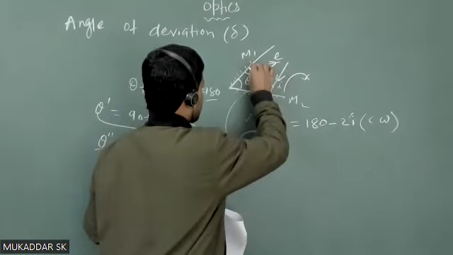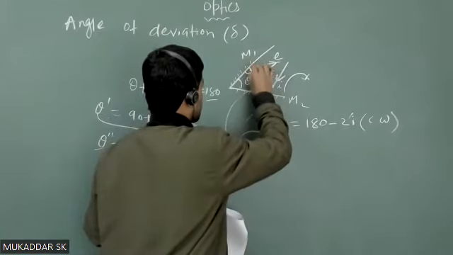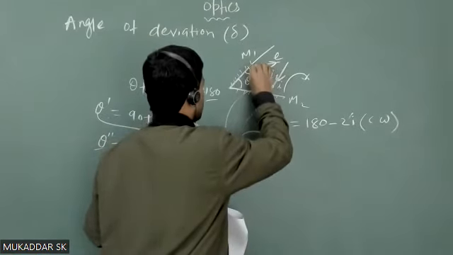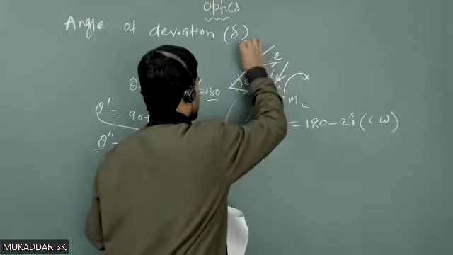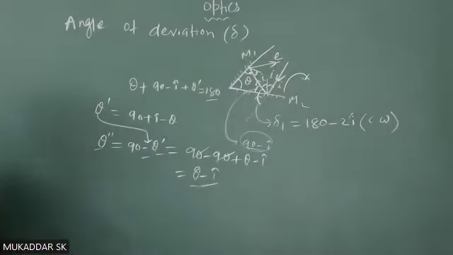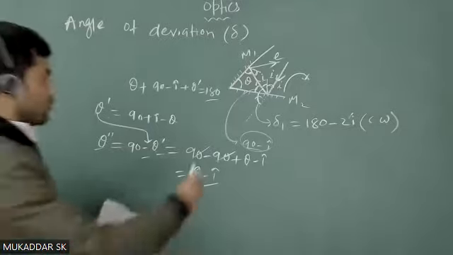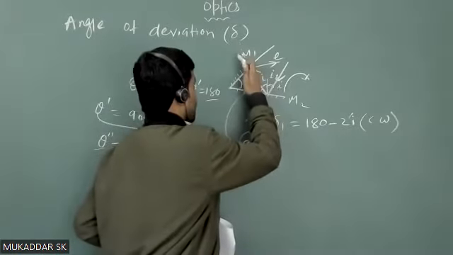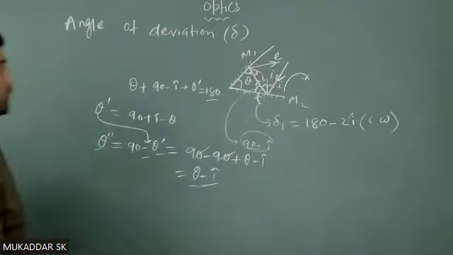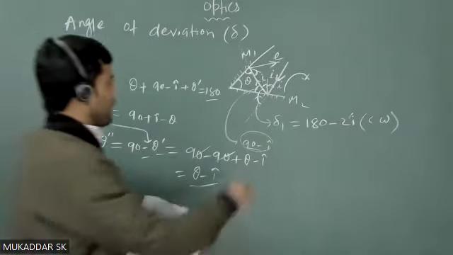Now here again that ray is deviated from its original path. If it is undeviated, how will it look? It will look like a straight line, right? So it was going like this. The undeviated path will be a straight line. So here again you have a deviation.